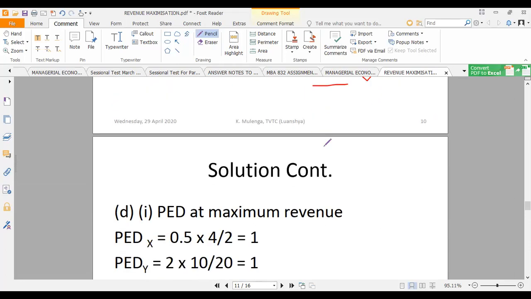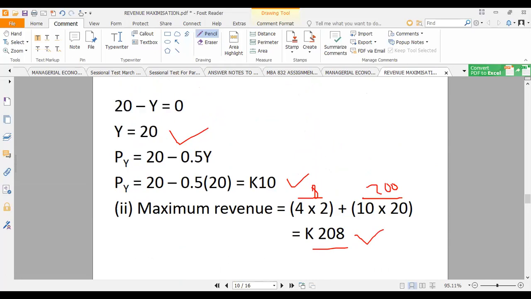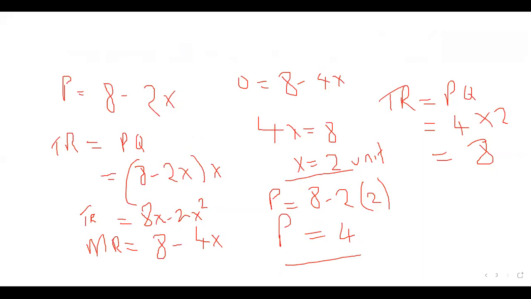Okay, then you will now be asked to calculate the elasticity of demand. Since I explained the elasticity of demand, I will do the same on good X and you do on good Y. So here we have 2.